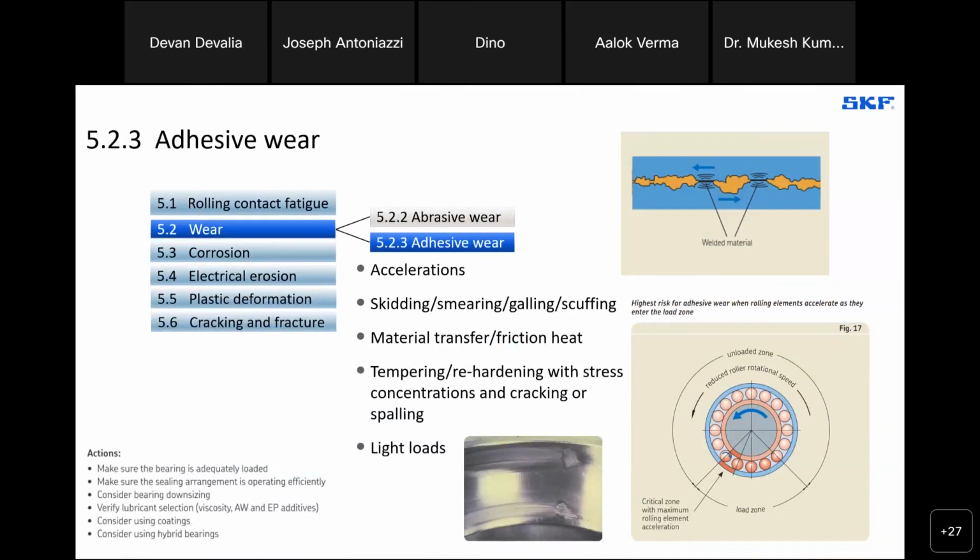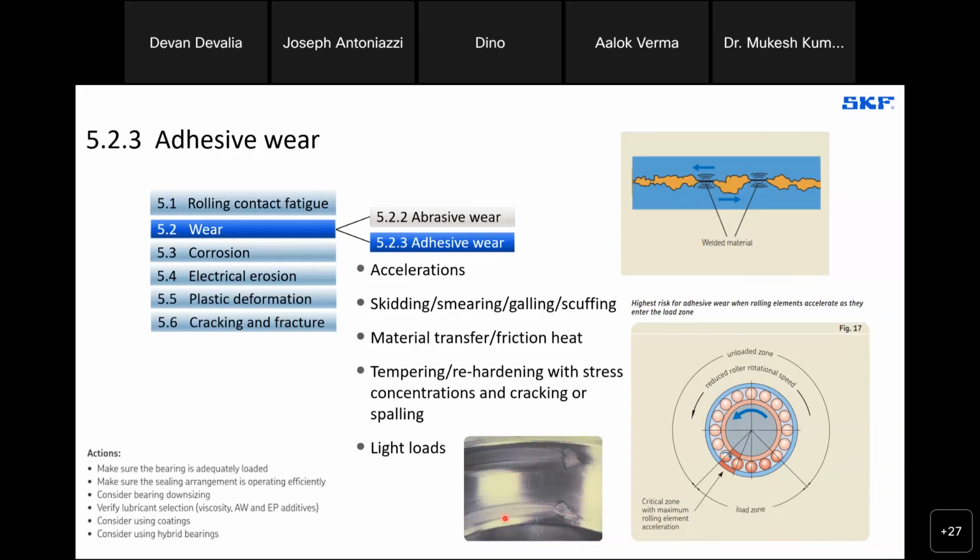It's accompanied by frictional heat, and this heat can actually temper or reharden the mating surfaces. So that is a problem. The frictional heat produces local stress concentrations where cracking can initiate or spalling in the contact areas. You can see down here the skid marks from a couple of rollers on the outer ring of a bearing.